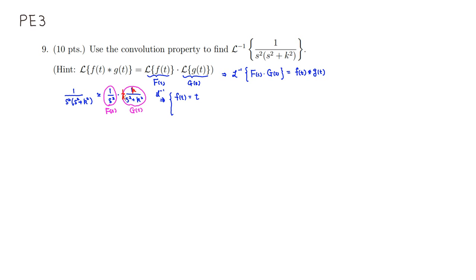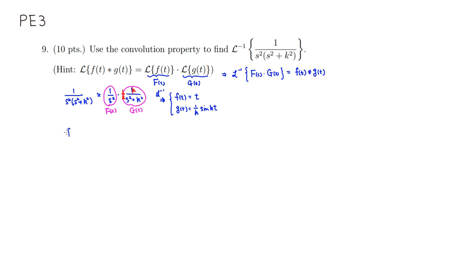Then the inverse Laplace transform is our g of t, which is 1 over k times sine of kt. Is that okay?